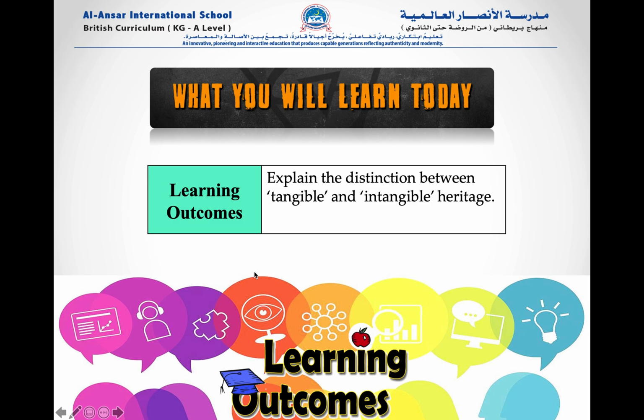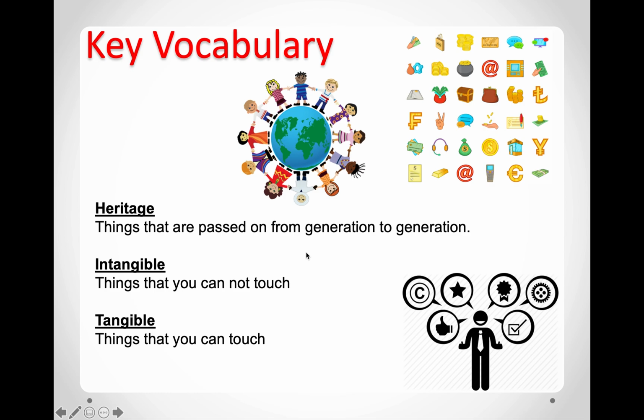Our learning outcome for today is that we are going to learn the difference between tangible and intangible heritage. We are going to be able to identify the difference between the two. Let us first begin with the key vocabulary and their definitions.